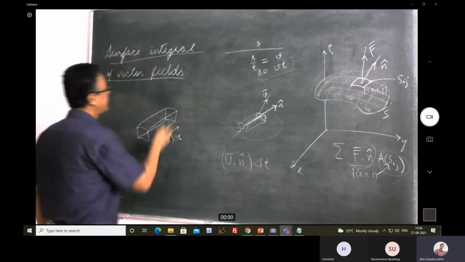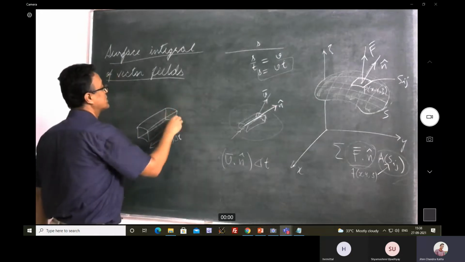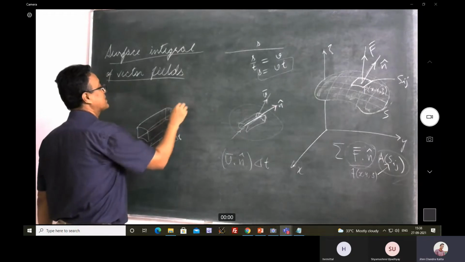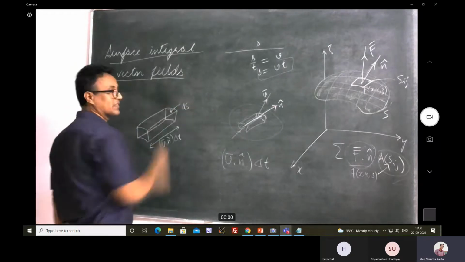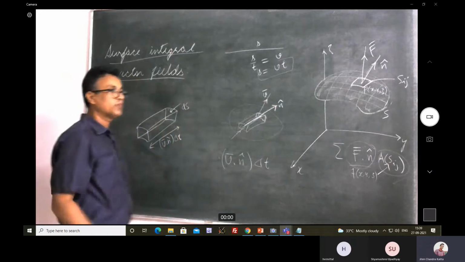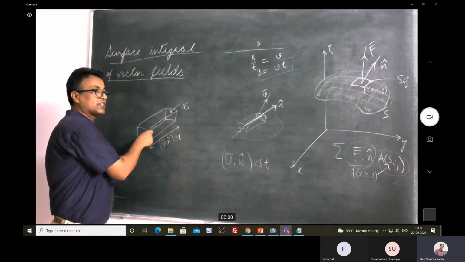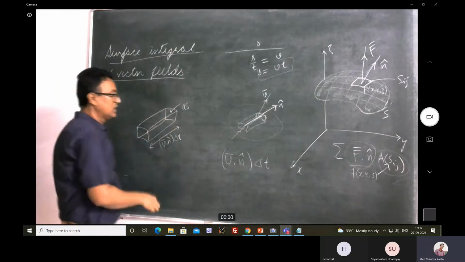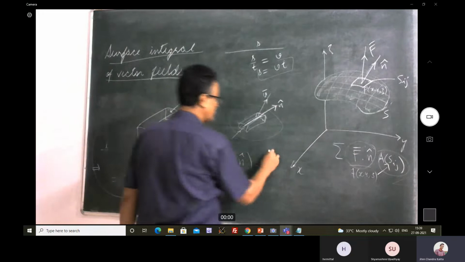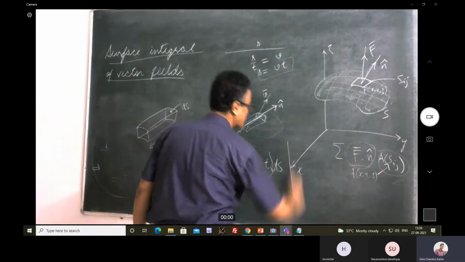And suppose the area of this patch is ds. Then the volume is going to be given by this length into this area. So this volume is going to be given by this into ds.